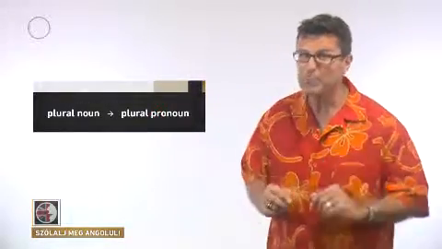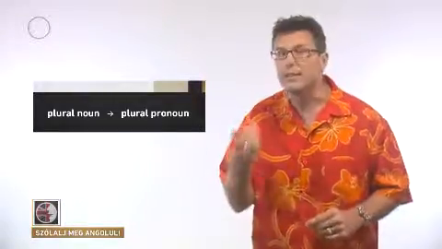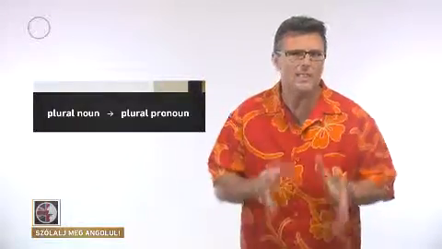She didn't say this shoes because this is a singular pronoun and shoes are plural. So it doesn't work. If the noun is plural, then we need to make sure that the pronoun is also plural. These shoes. Good.